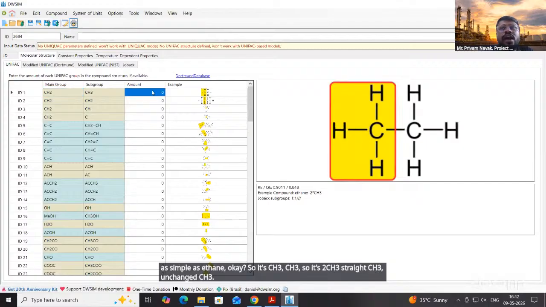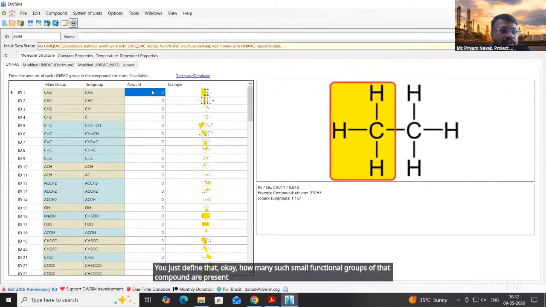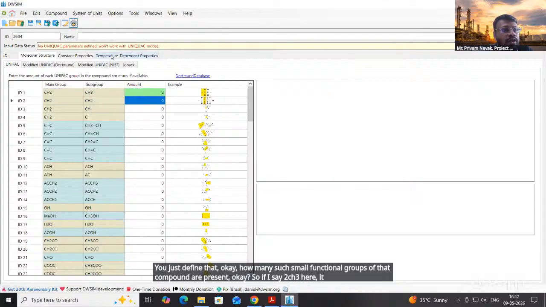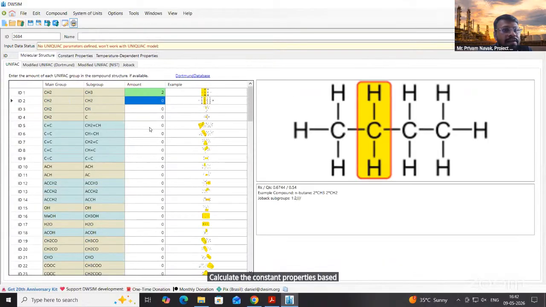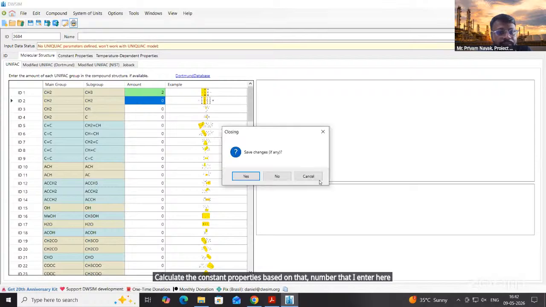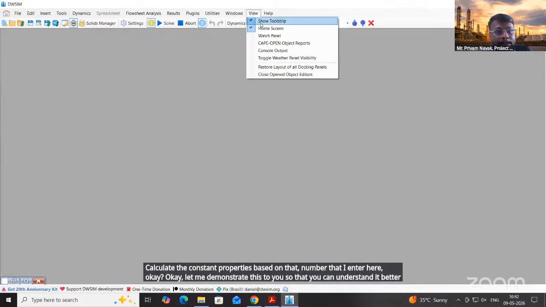You just define how many such small functional groups of that compound are present. If I say 2 CH3 here, it will calculate the constant properties based on the number that I enter here. Let me demonstrate this to you so that you can understand it better.